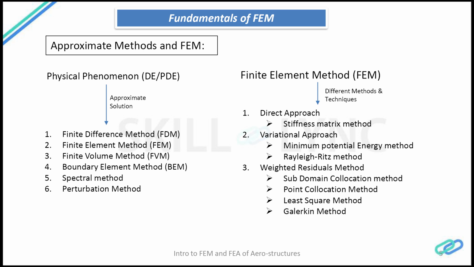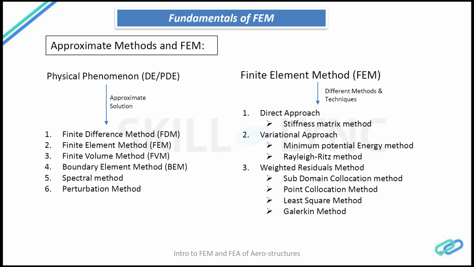So based on the polynomial equation, once it is selected for the displacement field, they use the stiffness matrix method for directly solving those equations and then arriving at the results.